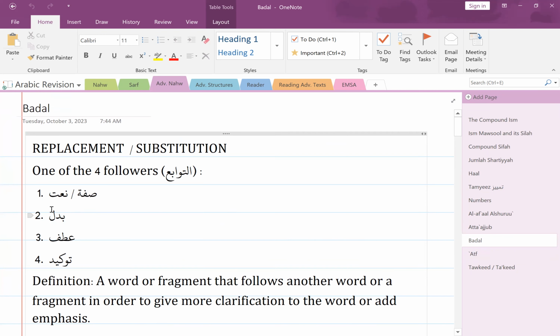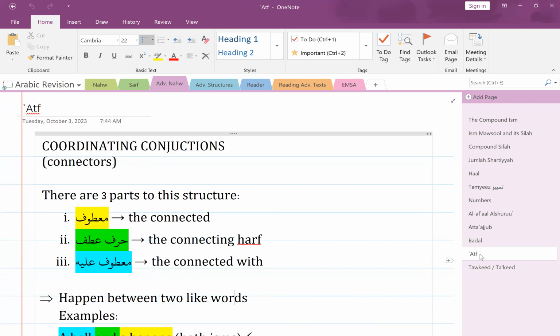And now today, inshallah, we'll do atuf, which is the third one. Hopefully next week, when we finish this topic, we will do tawkid, and then we would have finished the topic of tawabi'. Tawkid is not really mentioned in the Bayna. The only reason I added it is to complete that whole idea of tawabi', followers.